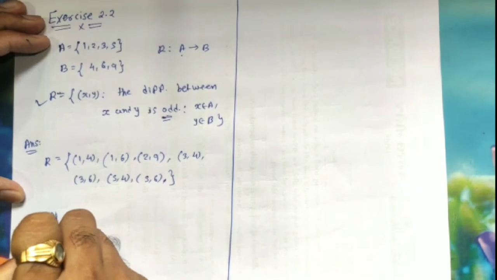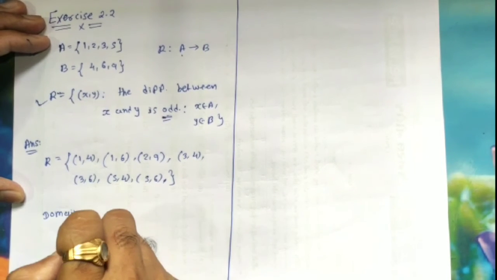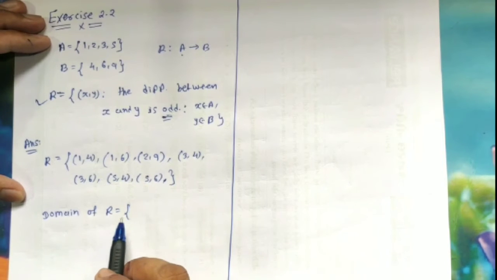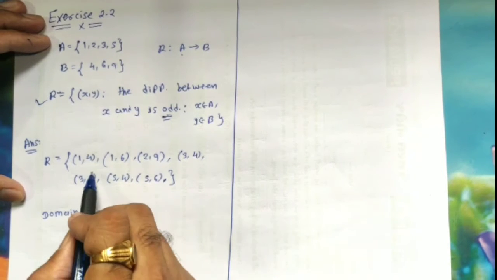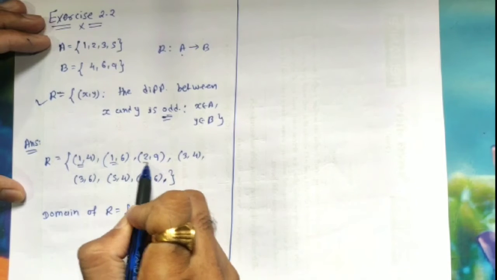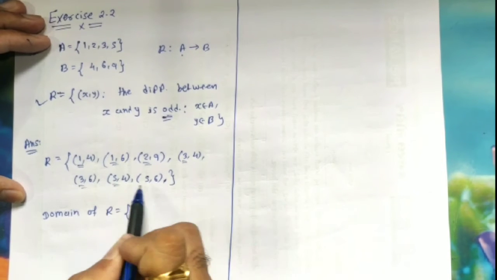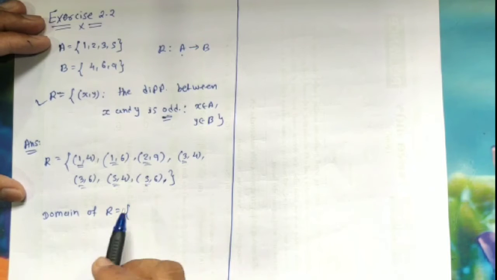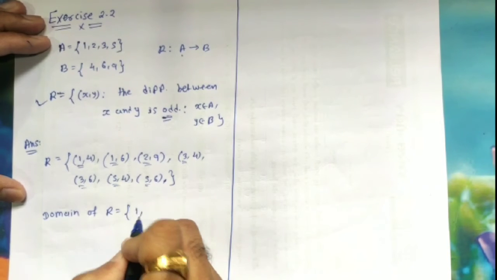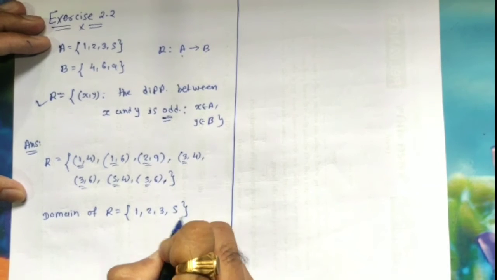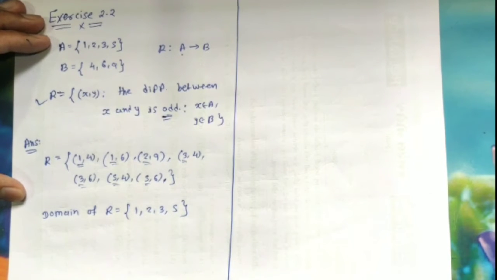The domain of R is the set of all the first elements of the ordered pairs. The first elements are 1, 1, 2, 3, 3, 3, 5. We are writing a set, so we can't repeat elements. So it is {1, 2, 3, 5}, the domain of relation R.